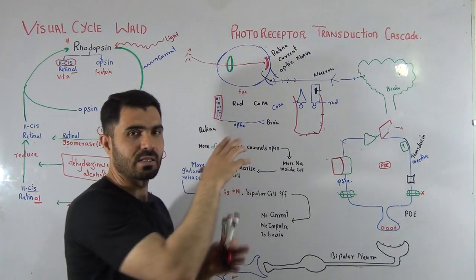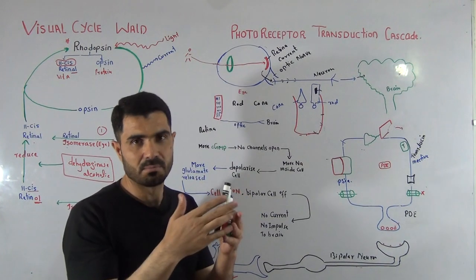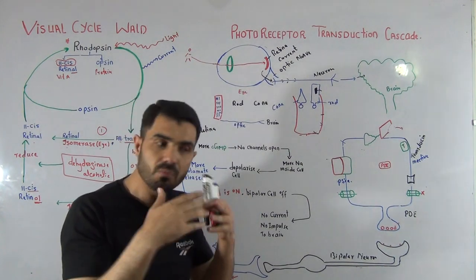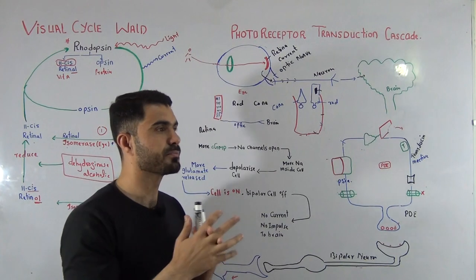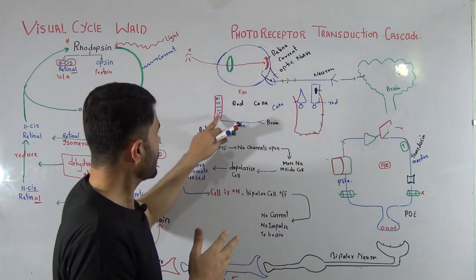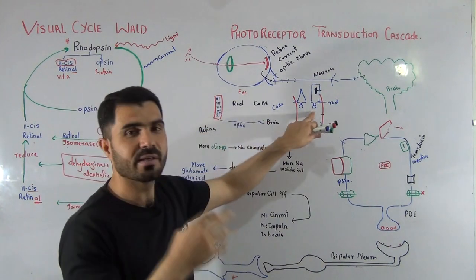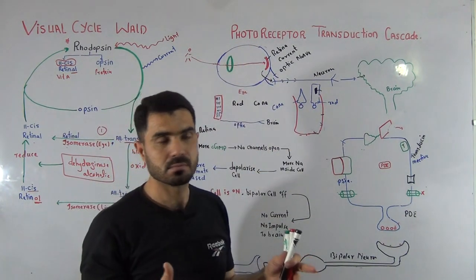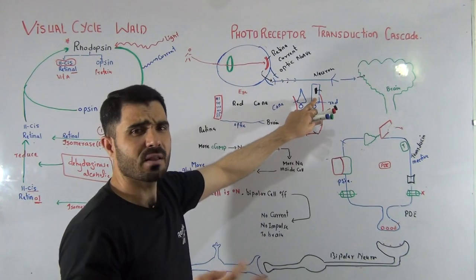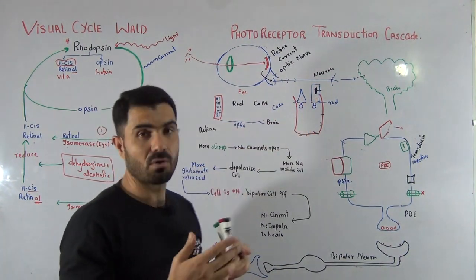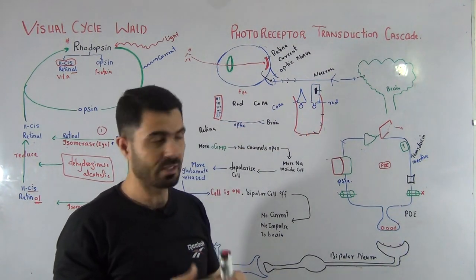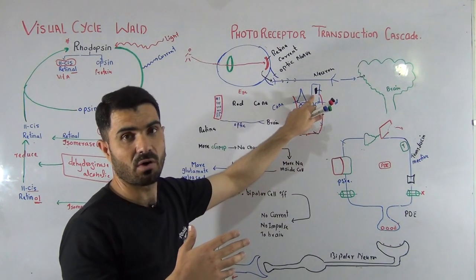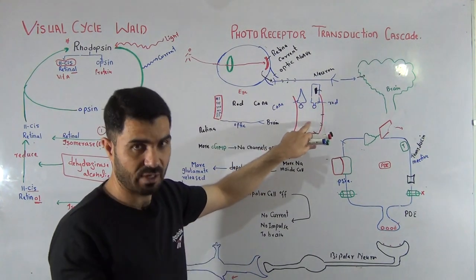I'm going to write only 2 cells out of all these. One is called the rod cell, another is called the cone cell, and there are a number of such rod cells and cone cells in your retina.